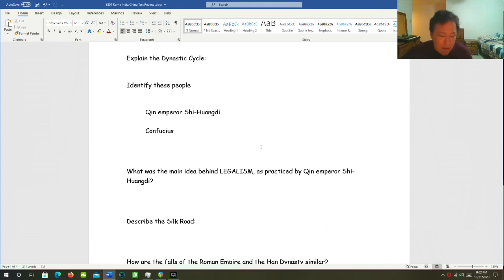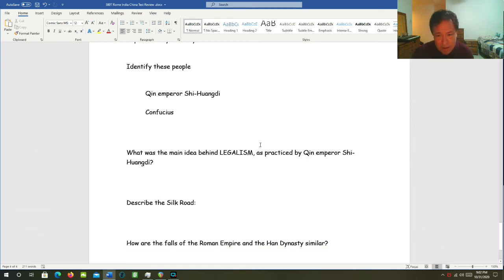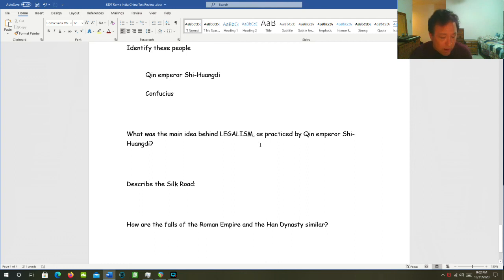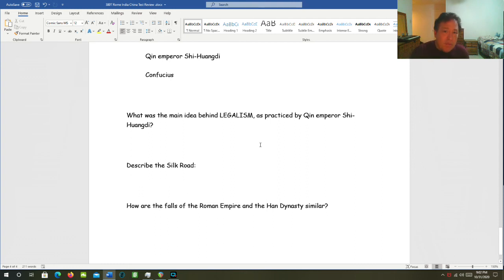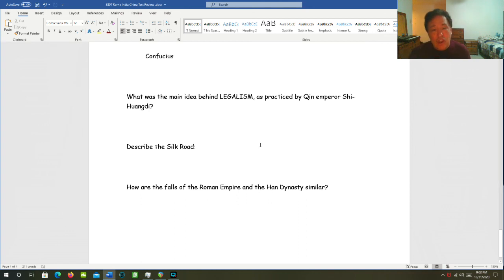Confucius, philosopher, social theorist, lived during a time of great upheaval, was very concerned about how to restore order and restore harmony in society. So what was the main idea behind this legalism as practiced by Qin Emperor Shi Huangdi? It's like we said before, people are basically cruel and evil and selfish and willful and disobedient, and you need to rule them harshly.